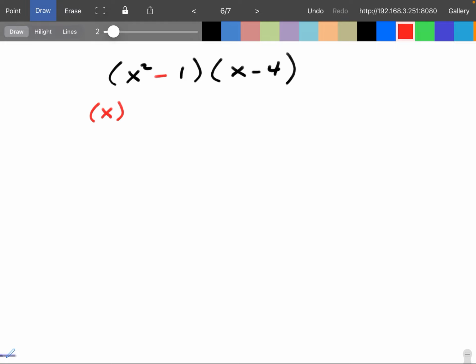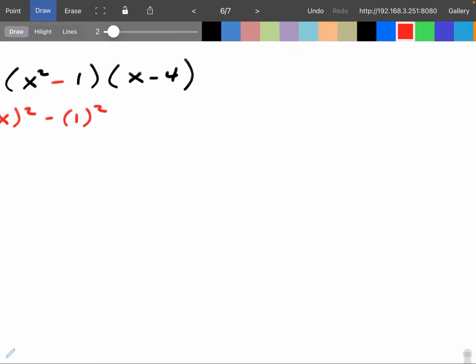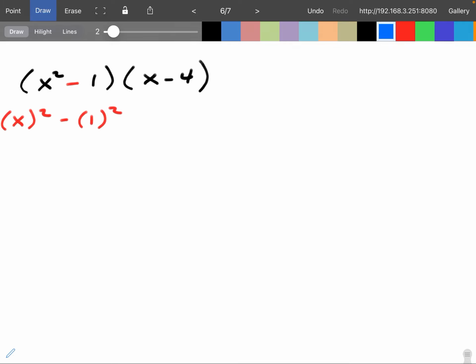That is the difference of 2 squares now. Because that would be x squared minus 1 squared. And then does anybody remember from yesterday, what does that break down into? You're using this thing.